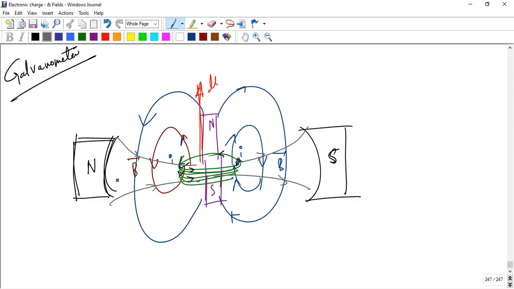Here the external magnetic field crosses this coil. Here the current direction is in that direction, at that point it is towards that direction, and the magnetic field is B in that direction.